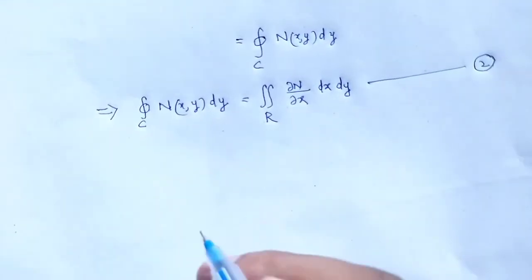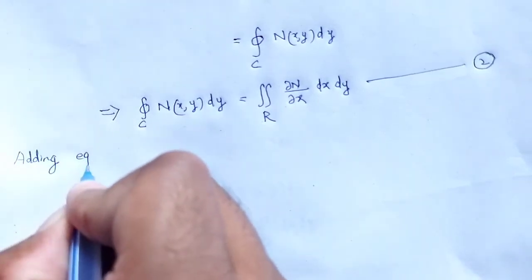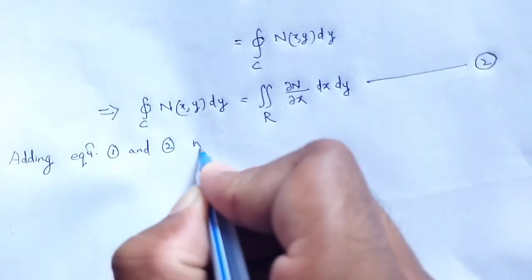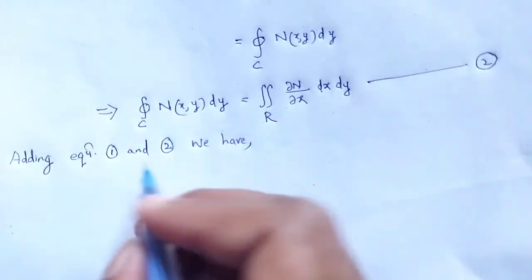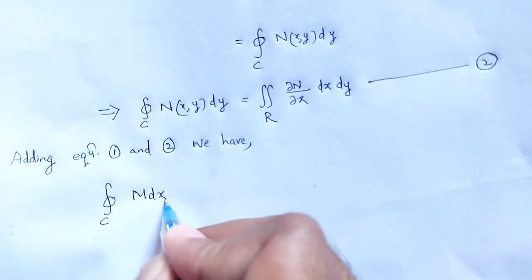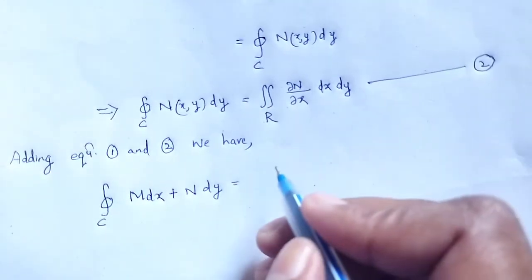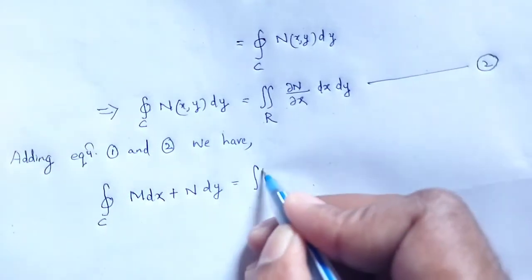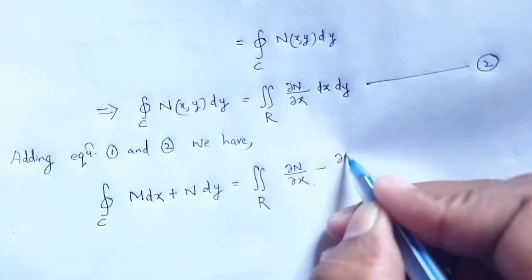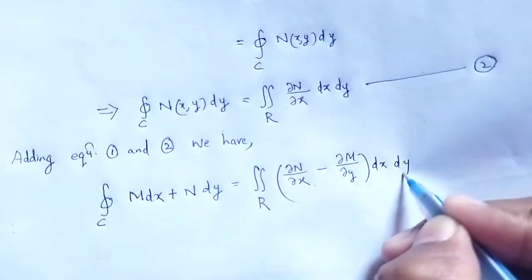Adding equation 1 and 2, we have the integration over C of m dx plus n dy is equal to the summation over R of del n by del x minus del m by del y dx dy.